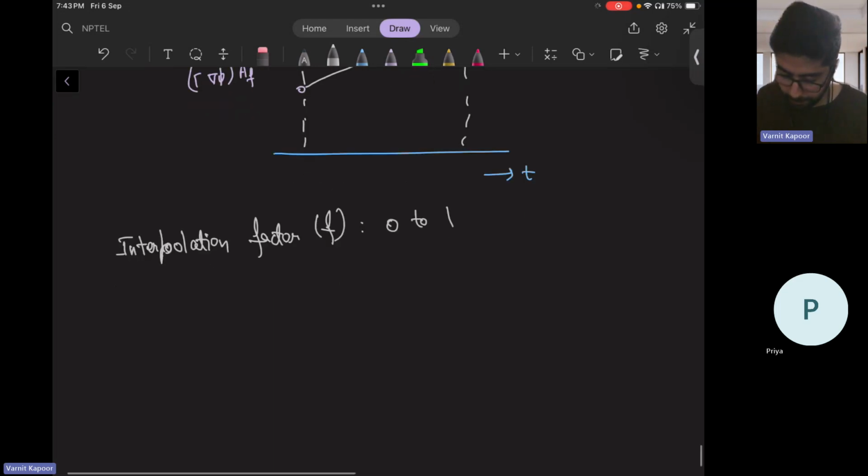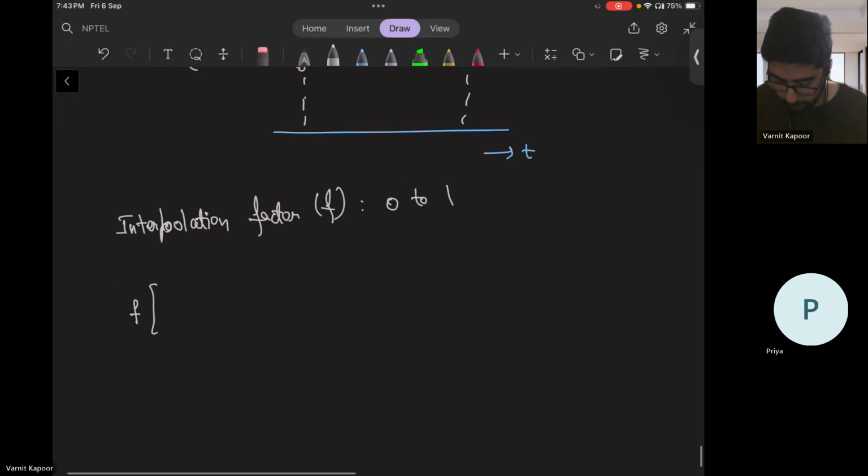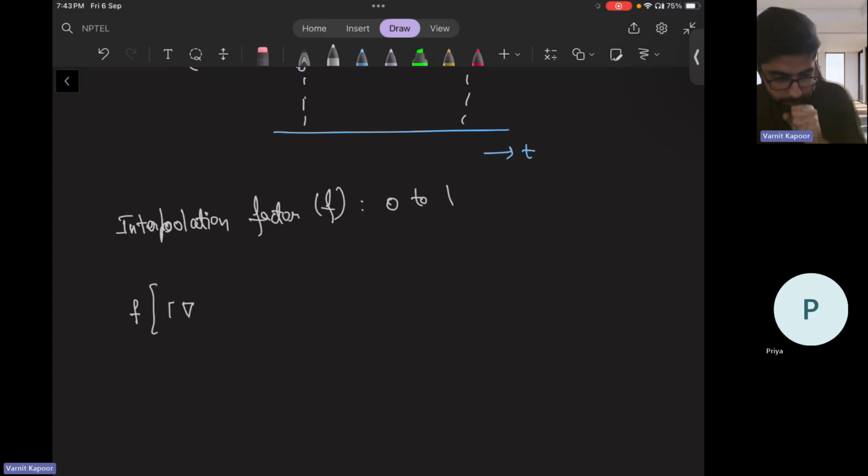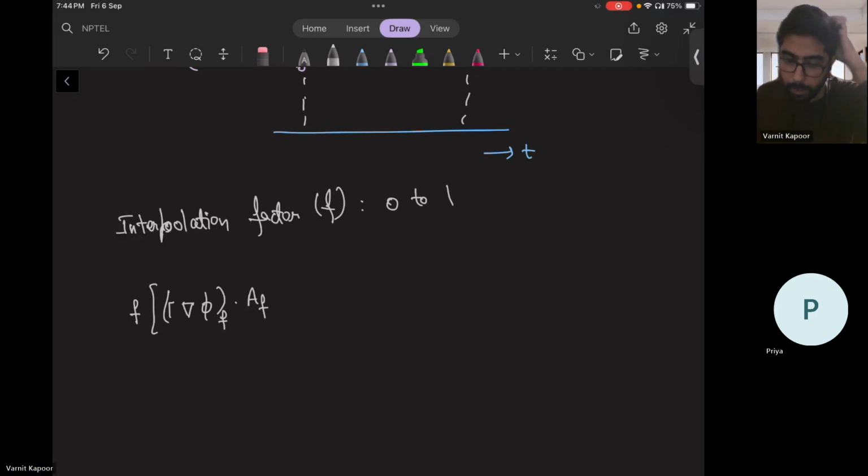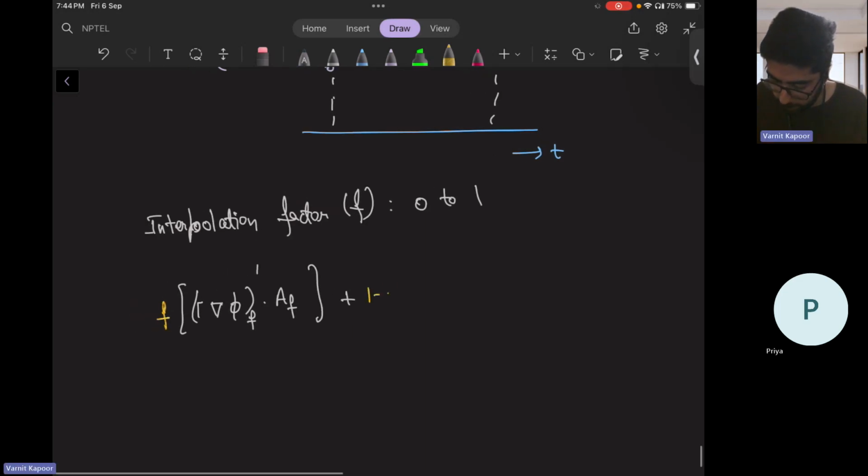So how can I write? The factor f will weight the diffusion term at t plus delta t, that is, ∇φ at face f dot A f at 1, plus 1 minus f, the remaining influence, will be from time 0, time t.